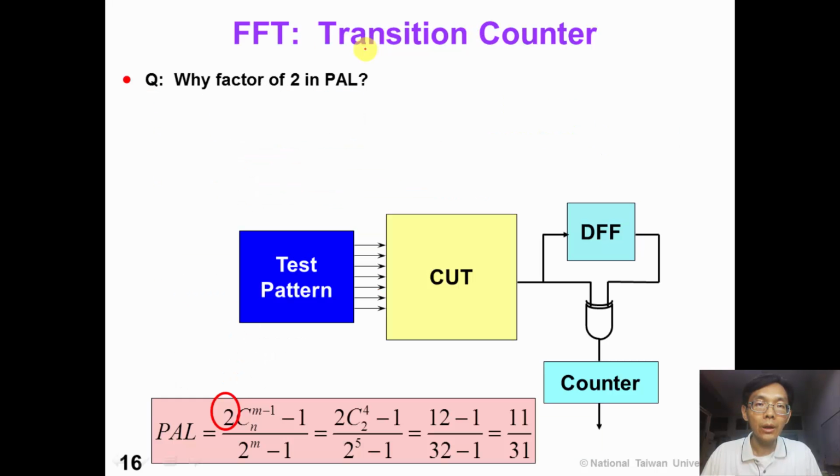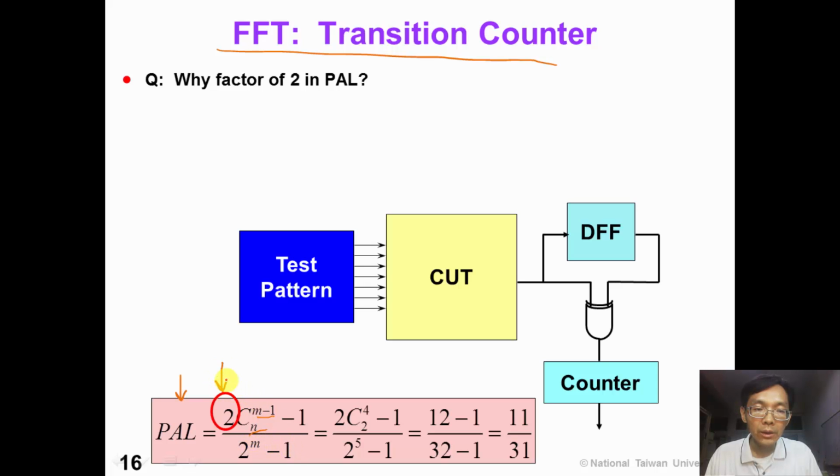In the last slide of this lecture, I would like to ask you an FFT for the transition counter. If you remember, the PAL of a transition counter is equal to 2 times the combination of m-1 choose n, minus 1, over 2 to the power of m-1.